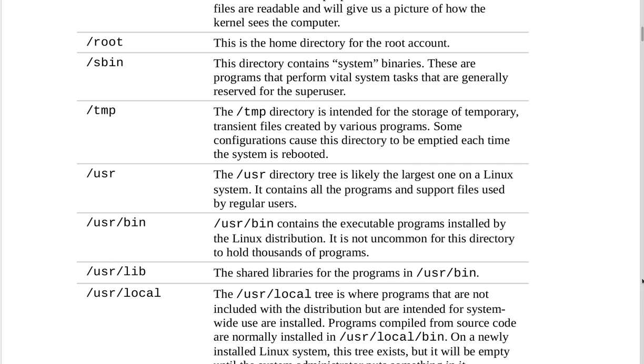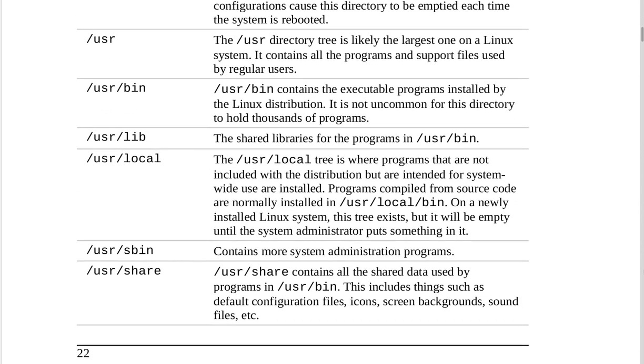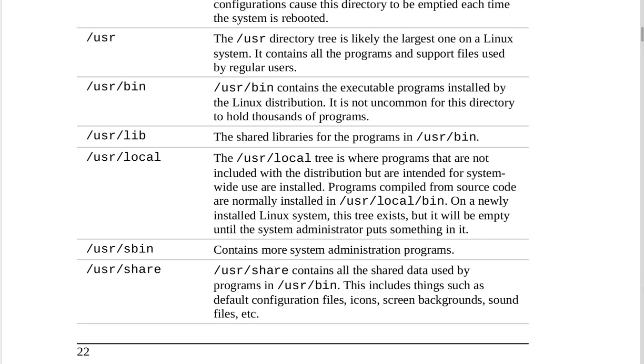Some configurations cause this directory to be emptied each time the system is rebooted. /usr. The /usr directory tree is likely the largest one on a Linux system. It contains all the programs and support files used by regular users.